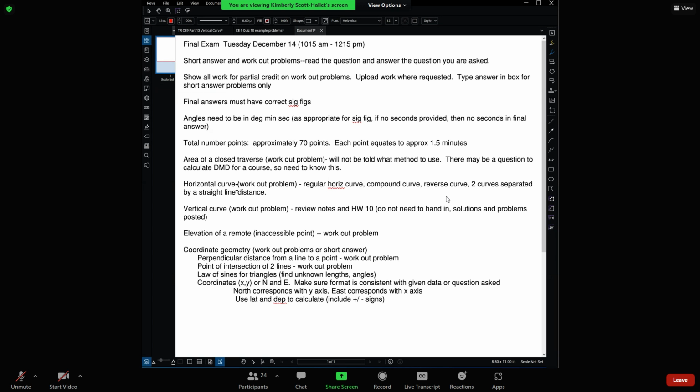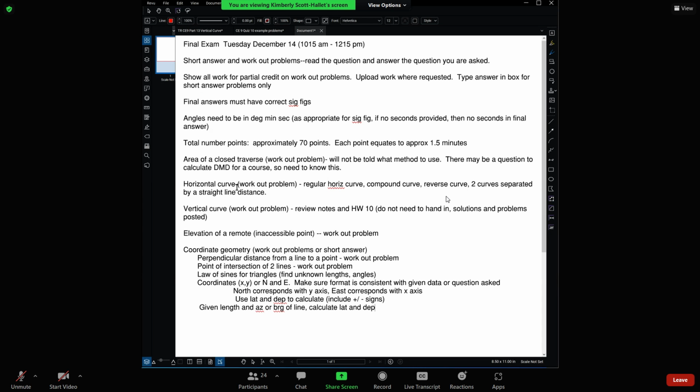Again, you're going to use your latitude and departure to calculate what your coordinates are. Make sure that you have the appropriate positive and negative signs. So if I give you a length and an azimuth or bearing of a line, you should be able to calculate your latitude and departure.